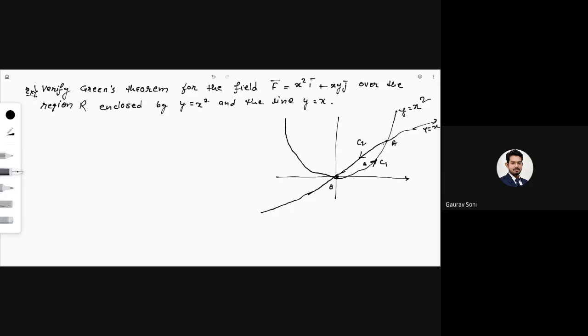This thing we have done. Line integral over C f bar dot dr bar is equal to integral over C1 f bar dot dr bar plus integral over C2 f bar dot dr bar.